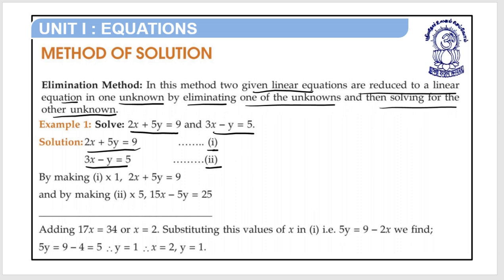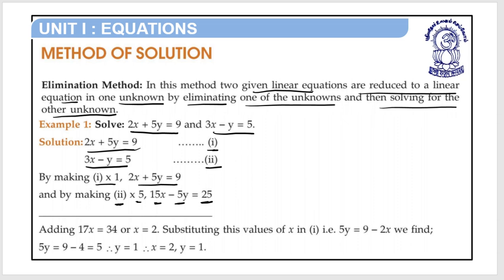By multiplying equation 1 with 1, we will get 2x plus 5y is equal to 9. By multiplying equation 2 with 5, because we have to eliminate one of the unknowns, 5 3s are 15x, minus 5y, 5 5s are 25.